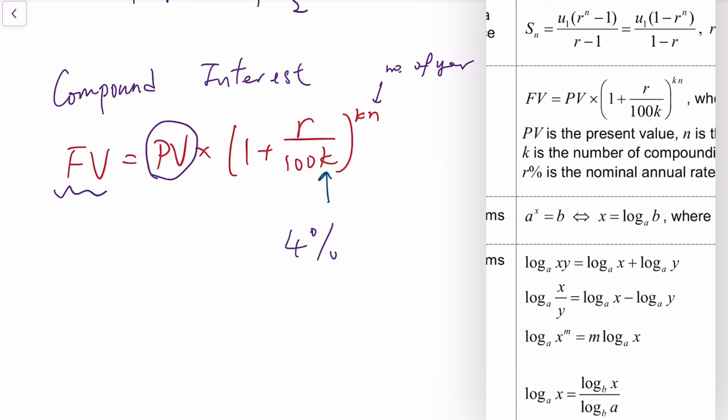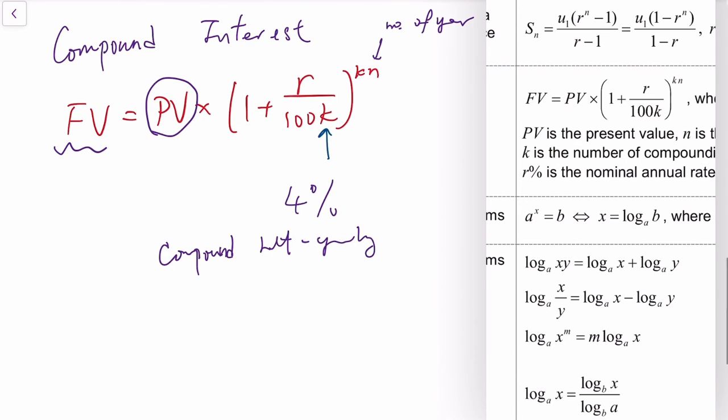What could happen is the question would say this bank would give you compound interest like half yearly. Well, that would mean K is 2 because they give you compound interest every half a year. So in a year you get it twice. They can say quarterly. That means K is 4.